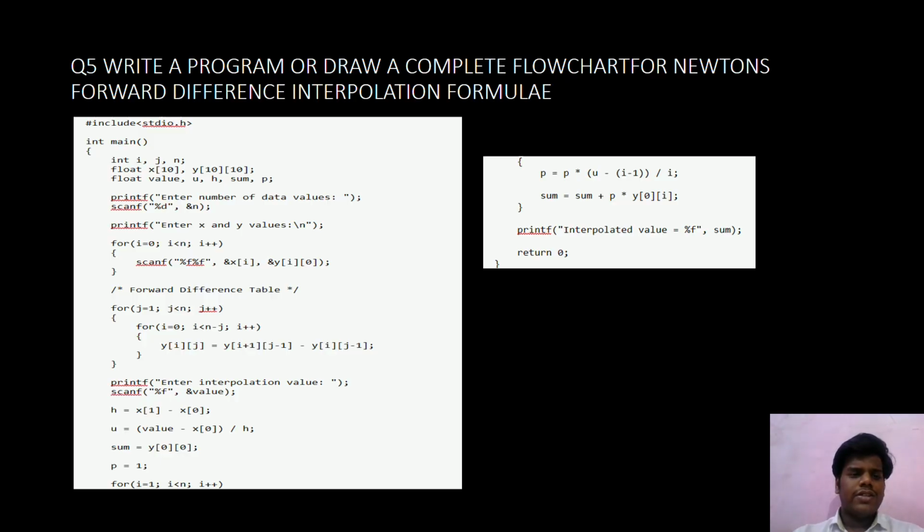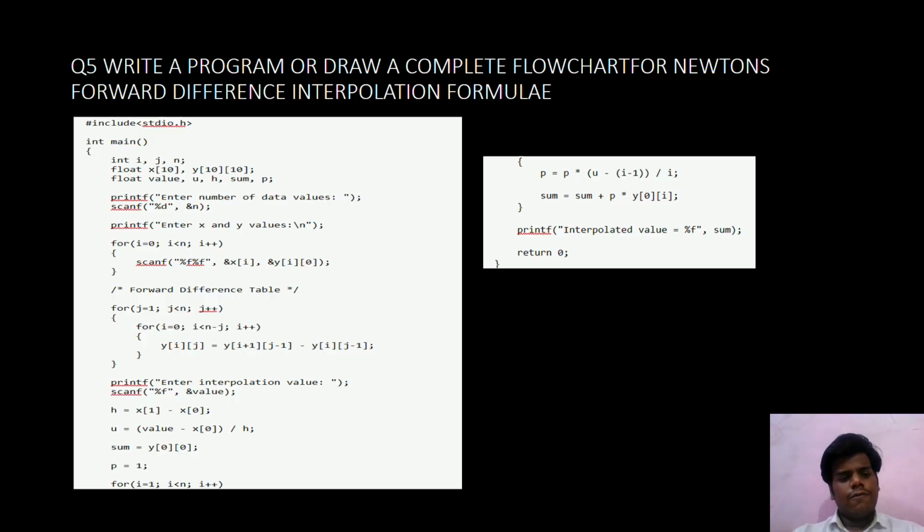We have integers i, j, n and a float value x, an array x[10], and y[10][10] as a 2D array. Now we print 'enter number of data values' by printf and store it with %d, and print 'enter x and y'. Now we run the loop for i equals 0 to i less than n, incremented by 1.